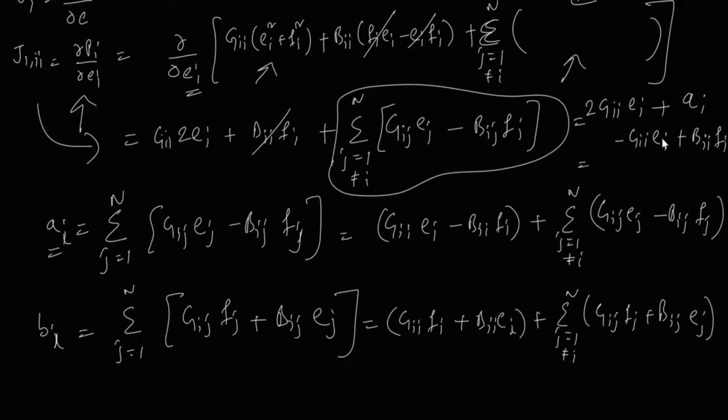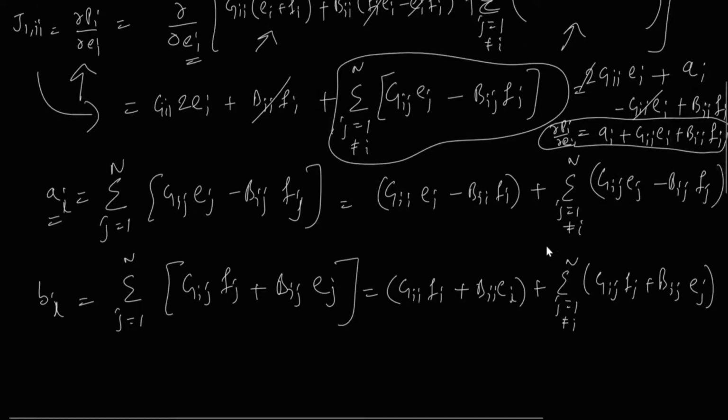So this is Ai plus Gii Ei plus Bii Fi. This is the final value of dou Pi by dou Ei, the diagonal elements: Ai plus Gii Ei plus Bii Fi.